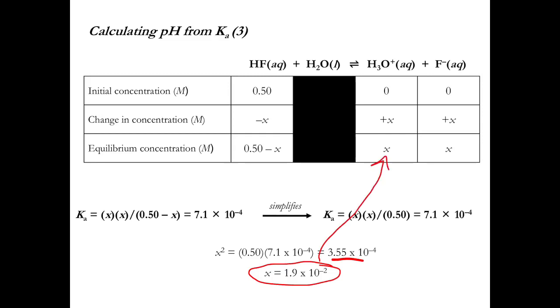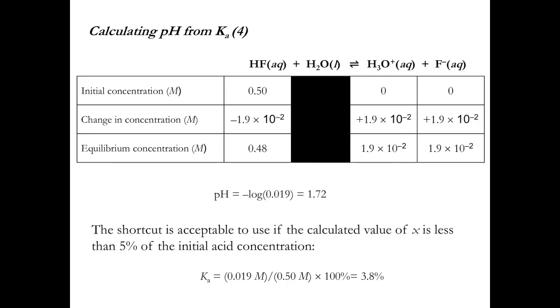Notice how we've defined X. X is our equilibrium concentration of H3O plus. So because of that, we can take the negative log of that to find our pH. So since that is our equilibrium concentration of H3O plus, negative log of H3O plus equals pH.